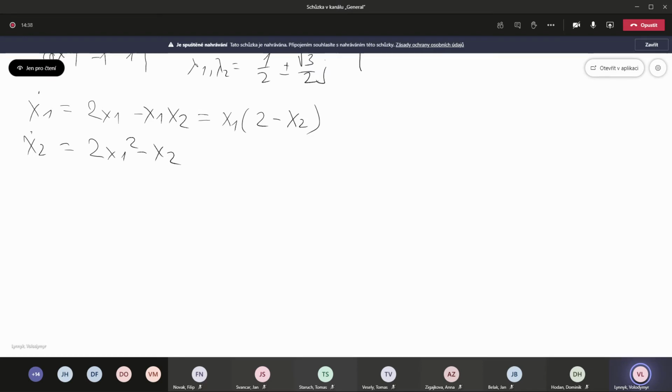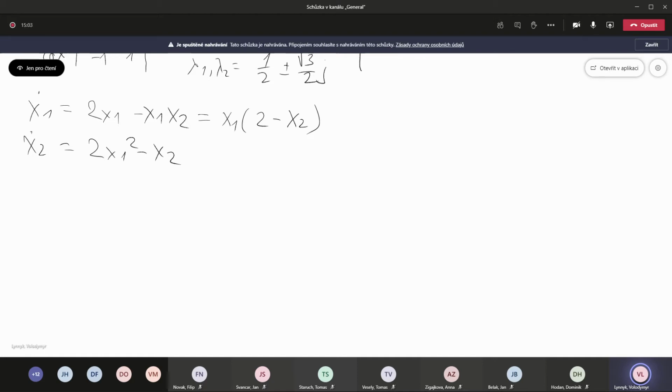And x1 dot equal to 0 only when x1 equal to 0, or when x2 equal to 2.